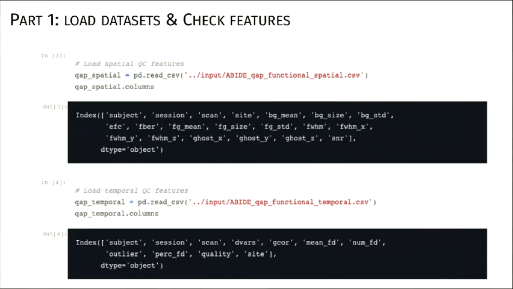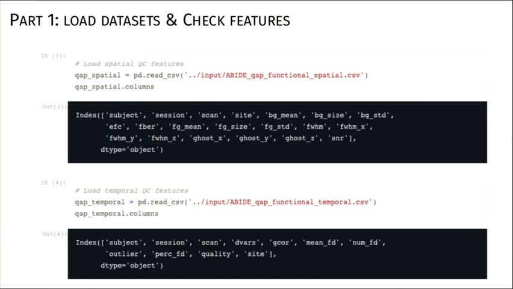Okay, great. So first, I would just run through the first 4 cells, up to cell 4. Basically, you'll be able to load your data; we'll be looking at two QC measures. So this is data from the Pre-Processed Connectomes Project with the QAP, which was like an early predecessor to MRIQC.